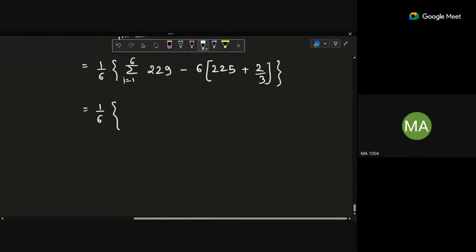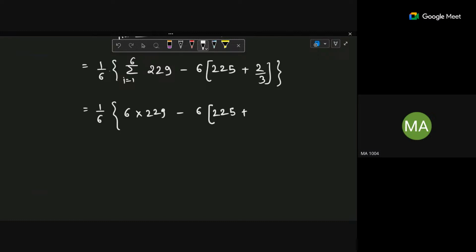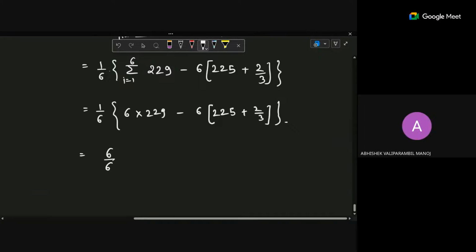So it will be 6 multiplied by 229 minus 6 multiplied by 225 plus 2 by 3. So 6 common out, 6 by 6. Here it will be 229 minus 225 plus 2 by 3.